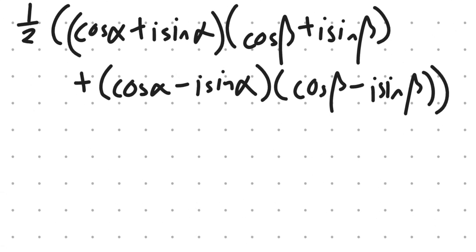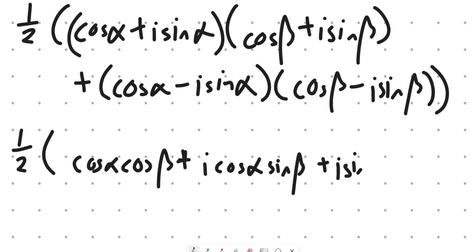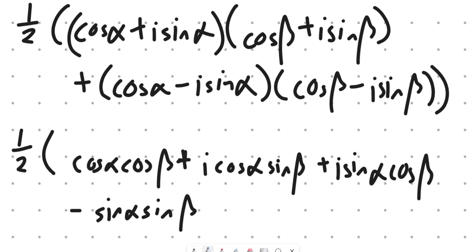Now, since we have this, we can expand those parentheses. So we would have 1/2 times cosine alpha cosine beta plus i cosine alpha sine beta plus i sine alpha cosine beta. i times i is minus 1, so negative sine alpha sine beta. And then we add a big plus here.